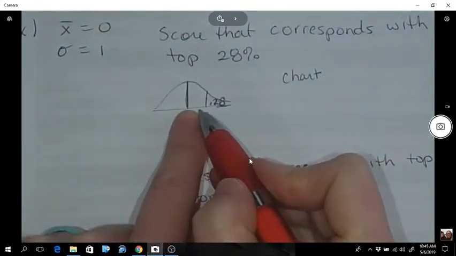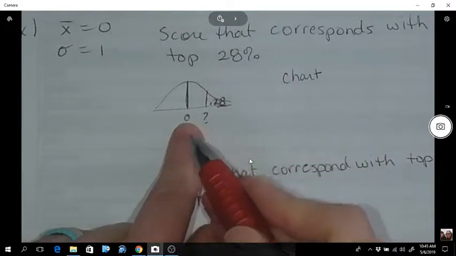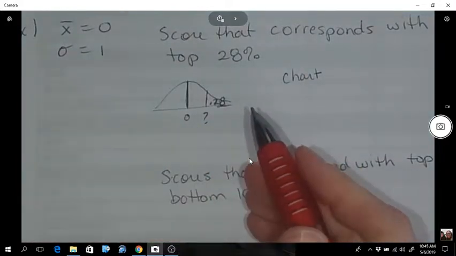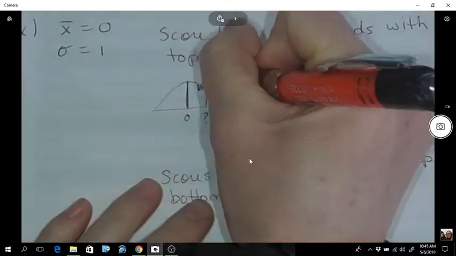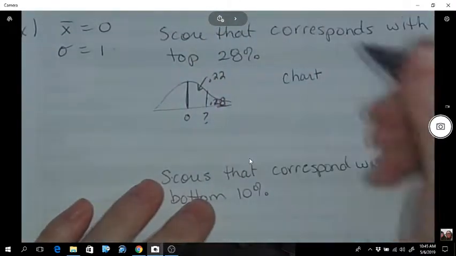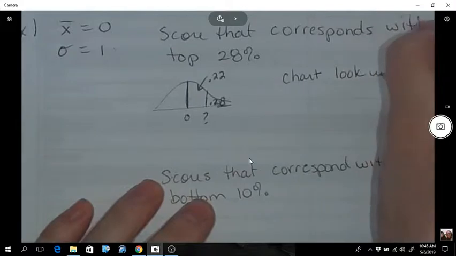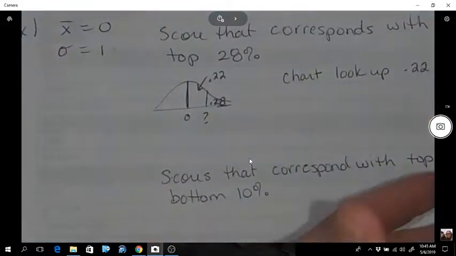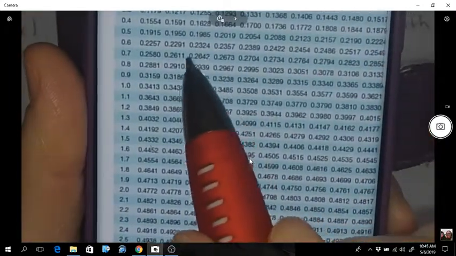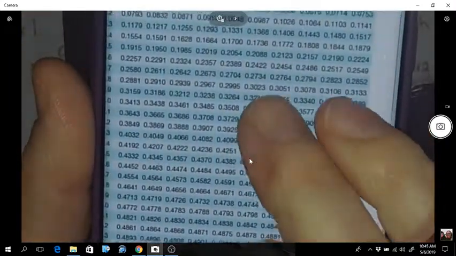Okay, well, your chart gives you between here and here, so that number is going to be 0.22. Okay, but this time we're going to be looking it up in here. So 0.22, are we seeing something that's close to that?